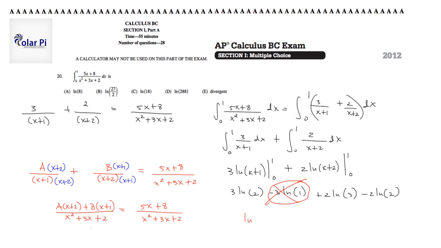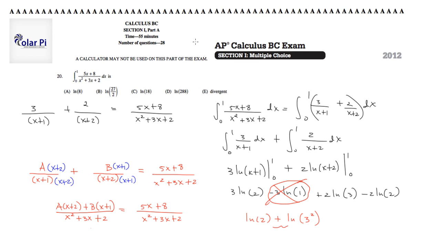Actually, sorry, let me backtrack a little. 3 ln of 2 and negative 2 ln of 2 combine to just a single ln of 2. And then for the other part, 2 ln of 3 is the same as ln of 3 squared by the power rule of logs.